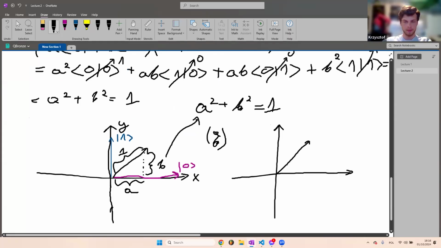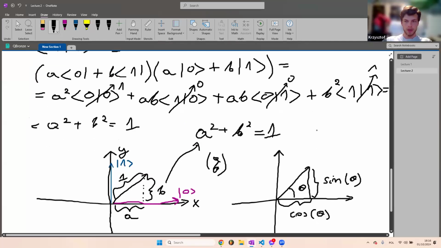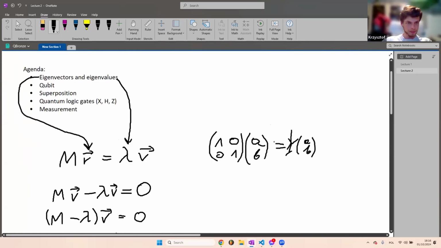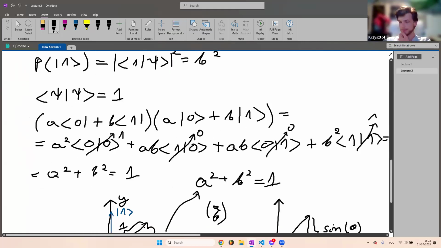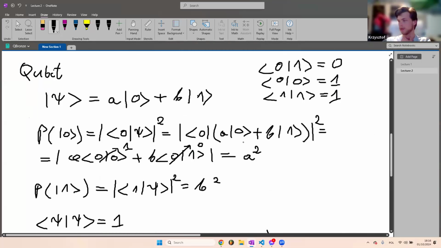Because we know that the length must be 1, we can represent the angle theta, and now the value a should become cosine of theta, and the value b should become sine of theta. Okay. Do you have any questions so far? I don't see any, so I'll move on.